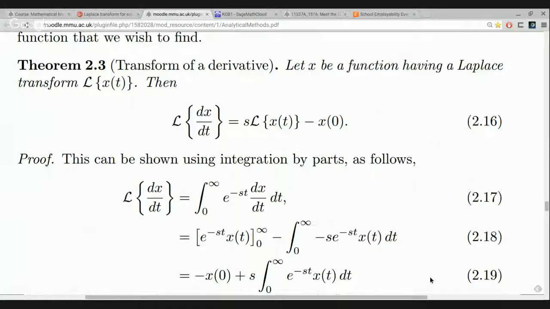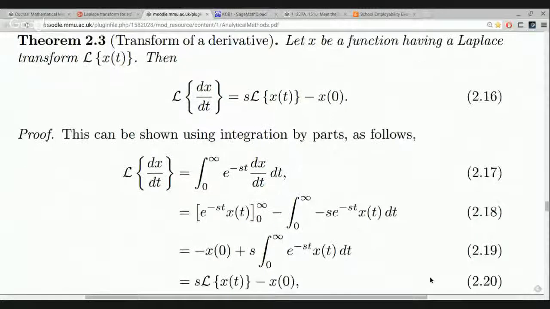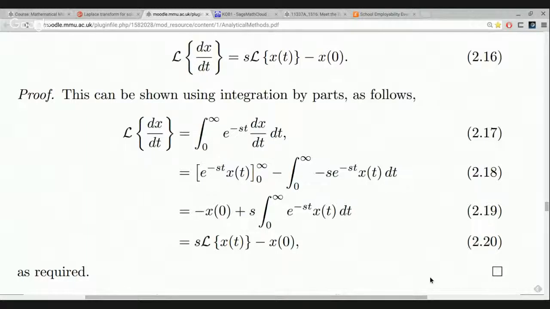And then the question is, well, how does the Laplace transform of the derivative of x look like? Okay. And it bears a very strong relationship to the Laplace transform of the original function x. The transform of the derivative of x is s times the transform of x minus this constant term, which is the initial value of x, the value of x at t equals 0. Okay. So that's where we ended last time by proving that.